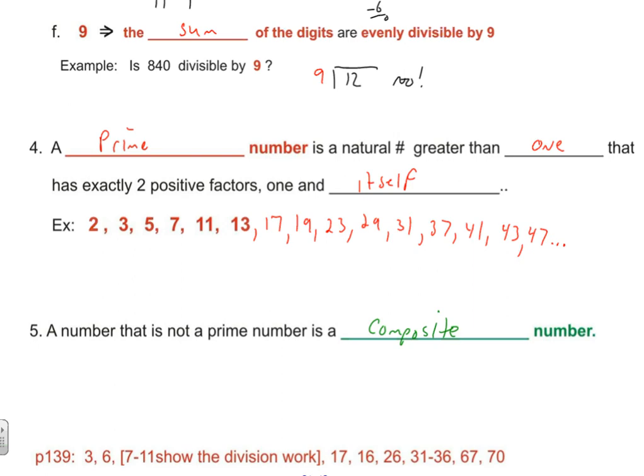Again, you don't consider 1. We go above 1. Is 6 a composite number? Sure. It's 2 times 3. Is 4 a composite number? Yes. 22, 2 times 11, 100, a million. Any number that is not prime is composite.